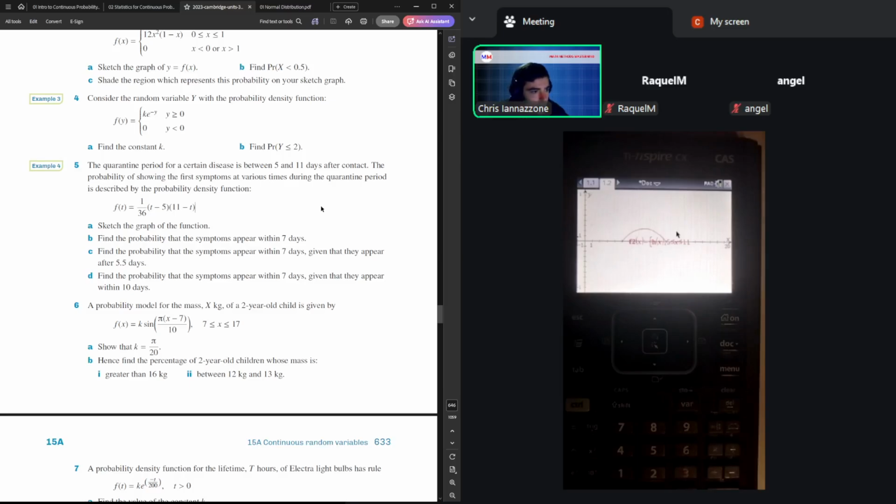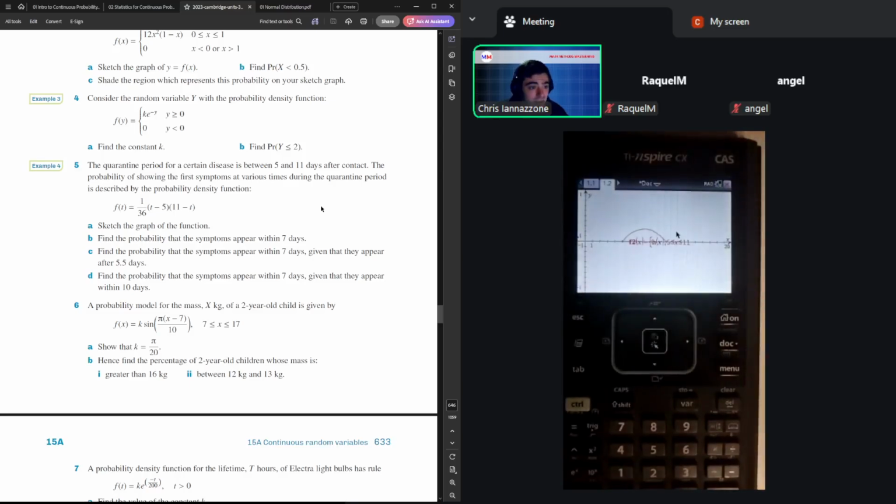But okay. Part B, find the probability that symptoms appear within 7 days. Within 7 days. Again, this valid domain that we have is going to be important here. So if symptoms have to appear within 7 days, what effective domain are we talking about here?